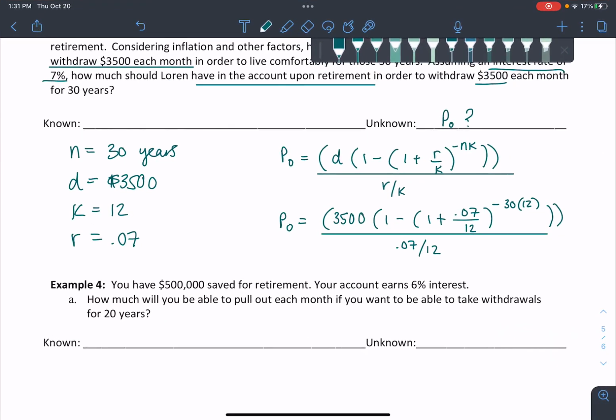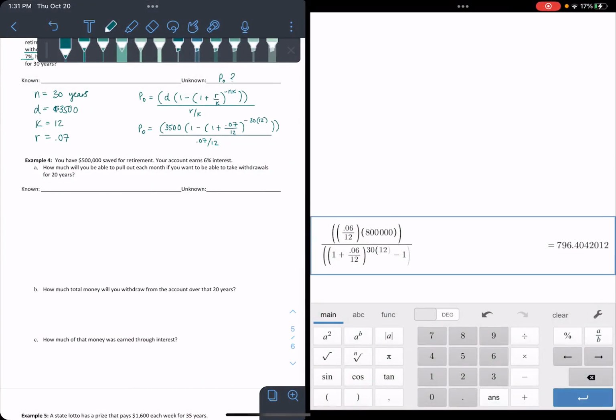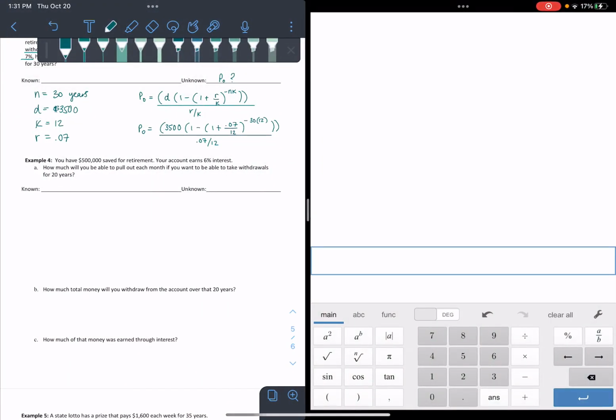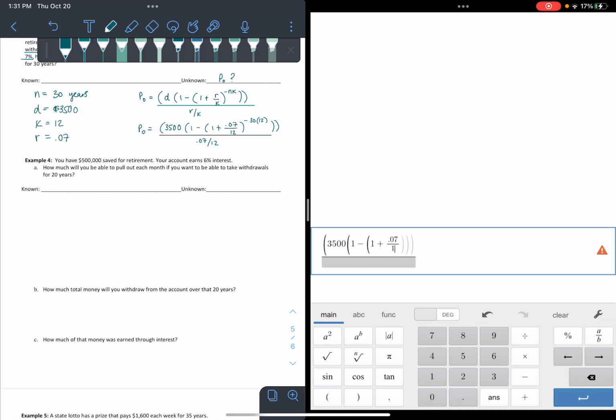Okay, how will we do this? Hold on one sec. Sorry about that. Let me get this to the side so that we can observe together. So what are we going to do? We're going to hit fraction and parentheses and 3,500, parentheses again, 1 minus, parentheses again, 1 plus, fraction, 0.07 goes over 12.